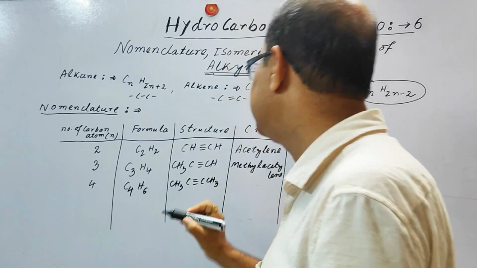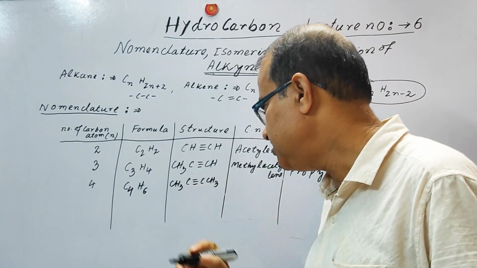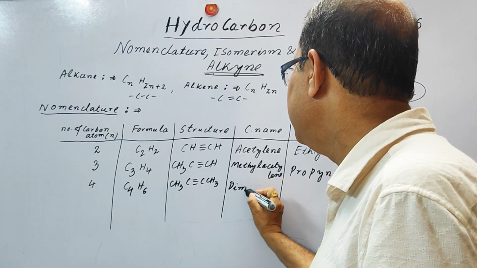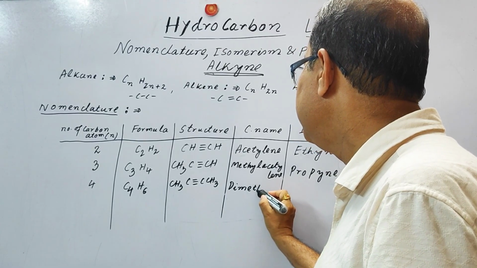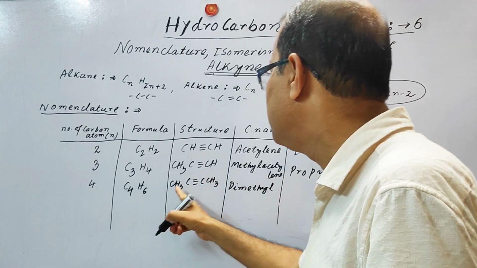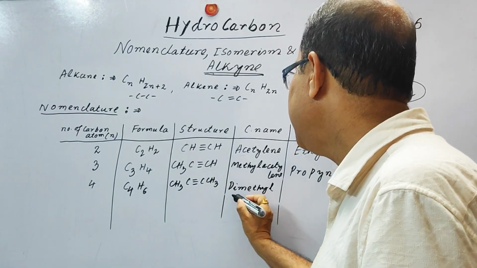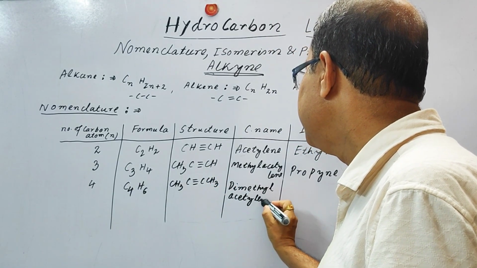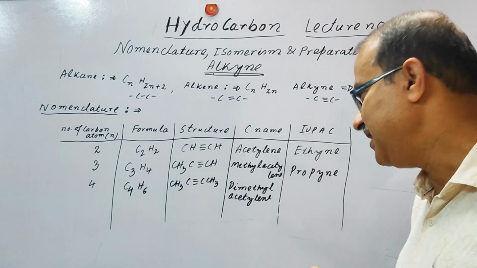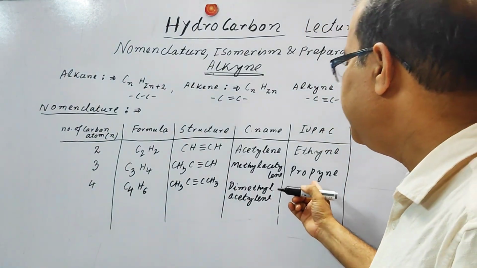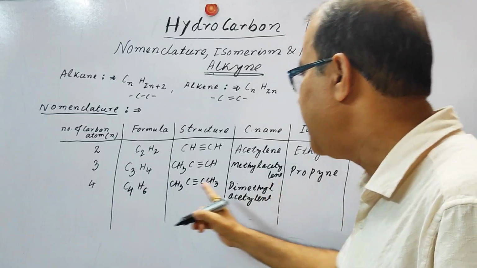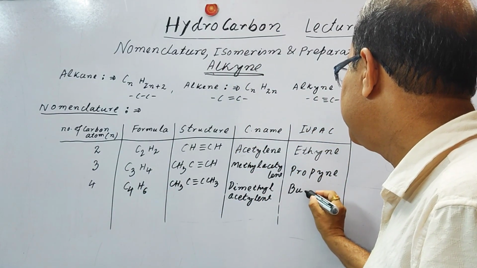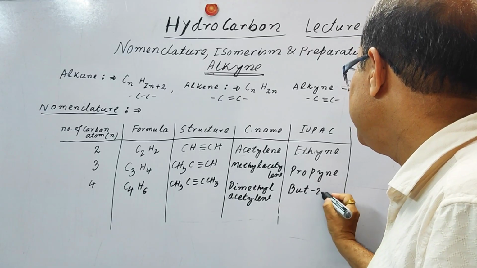One structure is this, and its name is dimethyl acetylene, because there are two methyl groups. Its IUPAC name, as it is 4 carbons, will be but-2-yne.